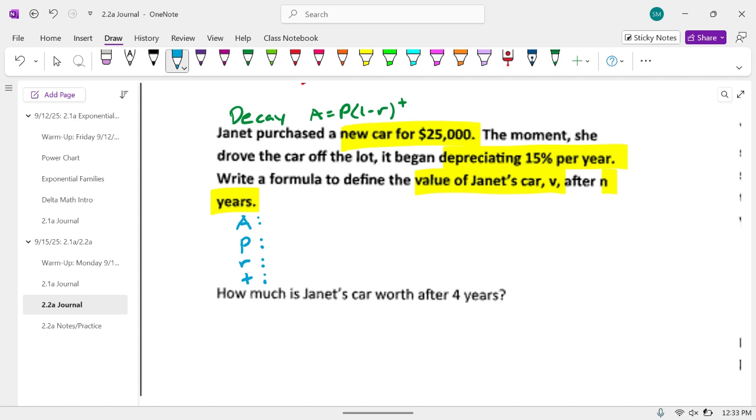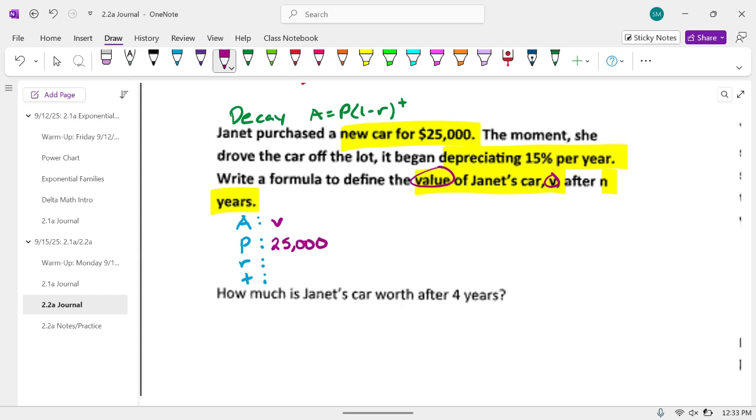So, what do you think I'm going to plug in for A? It's our new value, so V, because they want the value of Janet's car, V. The accumulated value is the new value of the car. What goes in for P, or our principal? 25,000.